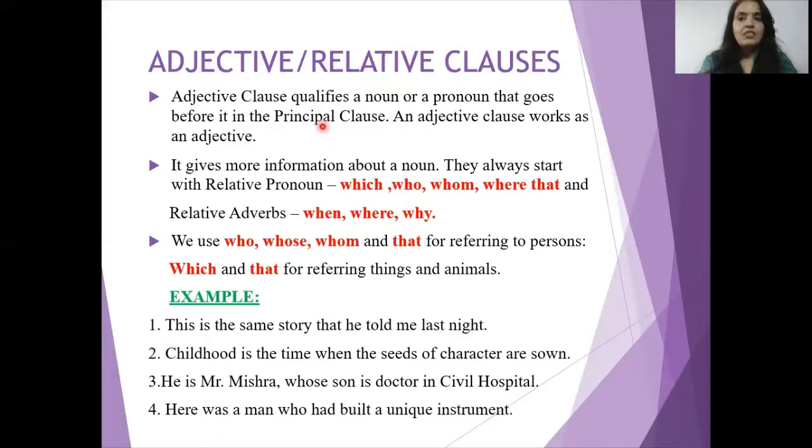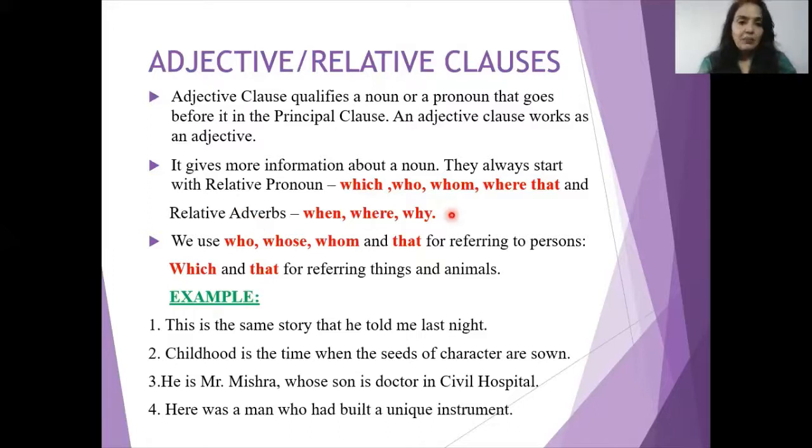We will see that the sentence tells about the quality of a noun. It gives more information about a noun. They always start with relative pronouns such as which, who, whom, where, that, and relative adverbs also: when, where, why.